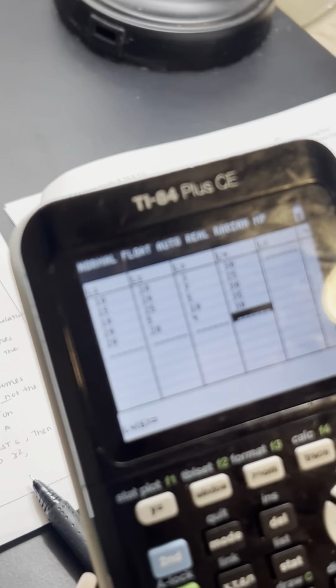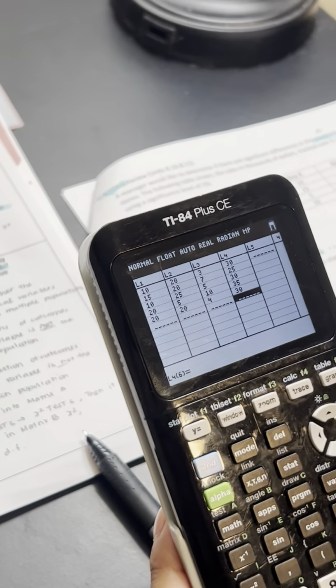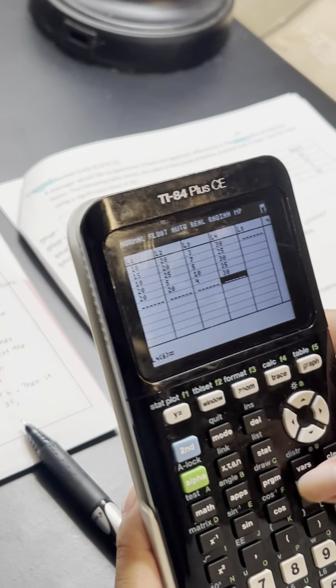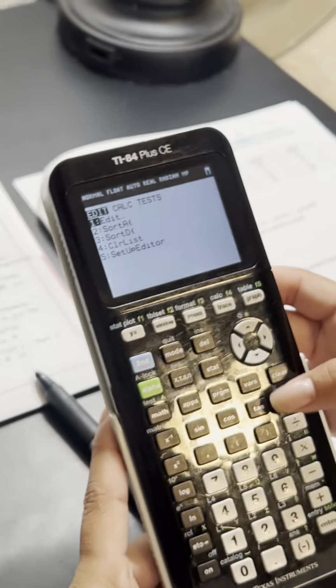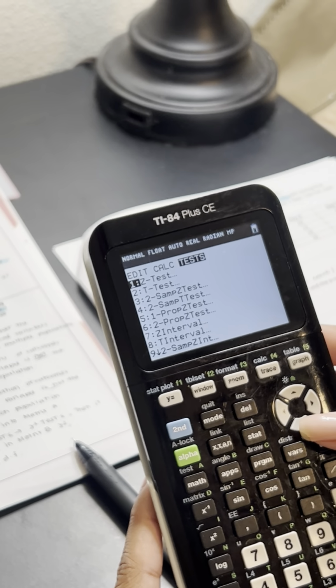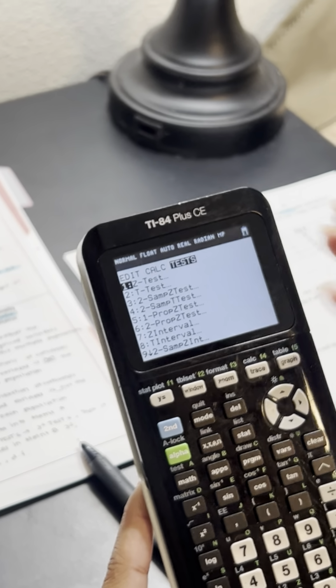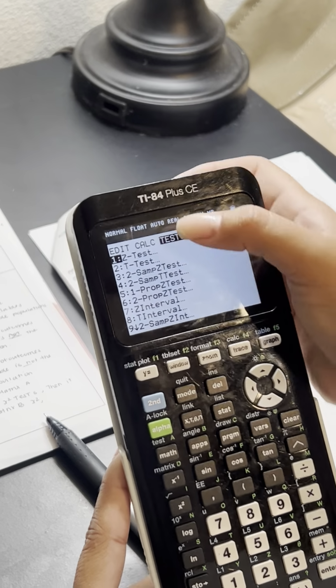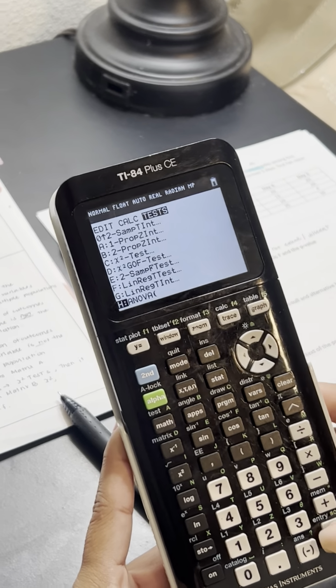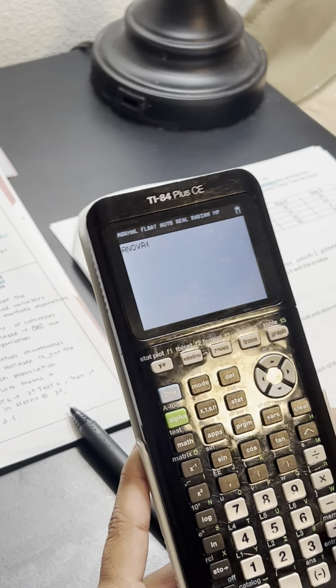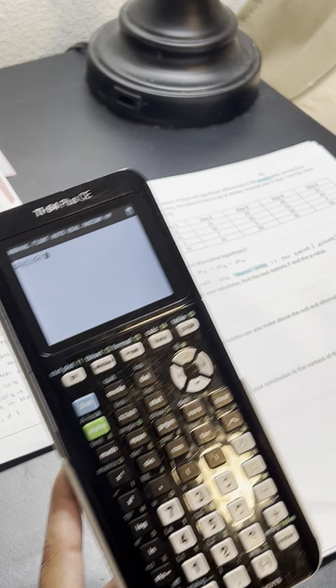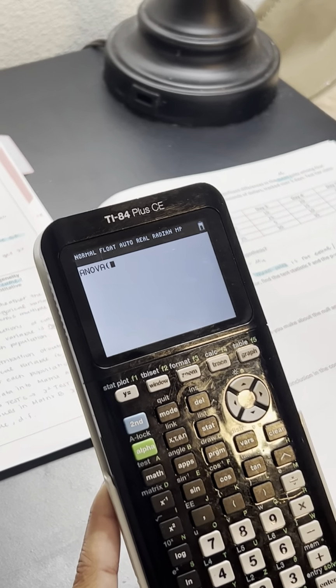So right after we get our graph here, we want to go to stat. We want to go over to test. And in order to find ANOVA, it's easier on our calculator to just, instead of going all the way down, go up and then click ANOVA. So this is always going to be a right tail test.